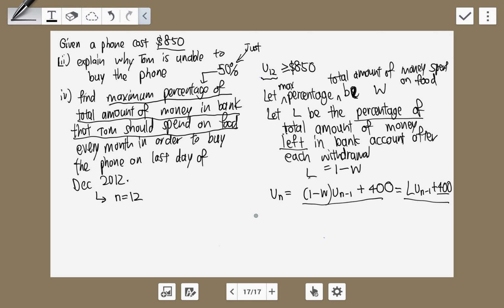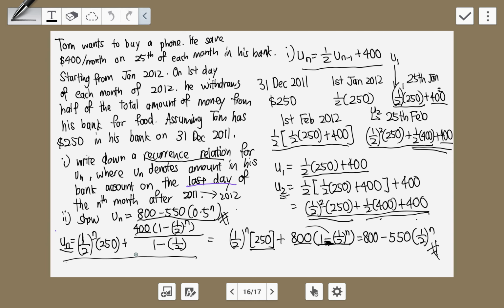Then my Un is equal to, if I go back and use this to change, instead of starting all over again, I realized that my half was the amount remaining, the percentage left from the previous month.